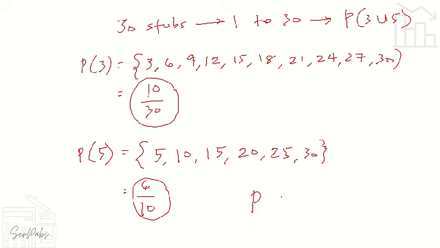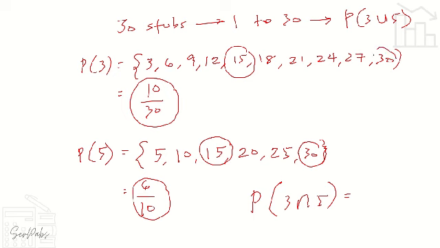Yun namang probability natin of the intersection between 3 and 5, ilan yung magkamukha sa kanila? Magkamukha sila sa 15, isa. Magkamukha sila sa 30, dalawa. So, merong dalawang magkamukha sa kanila. Therefore, that is 2/30.